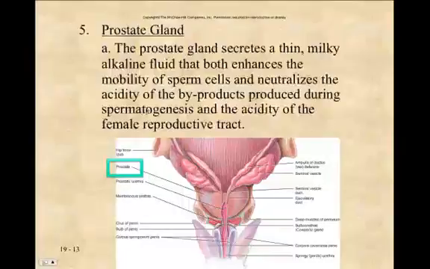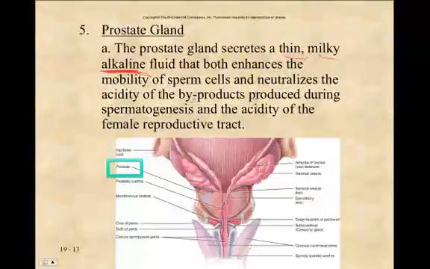Okay. So now let's talk about what the prostate produces. The prostate gland is going to secrete a nice thin, milky, alkaline fluid as well. So another alkaline, basic fluid that's going to both enhance the mobility of sperm, and it's also going to neutralize the acidity of some of the byproducts produced during spermatogenesis.